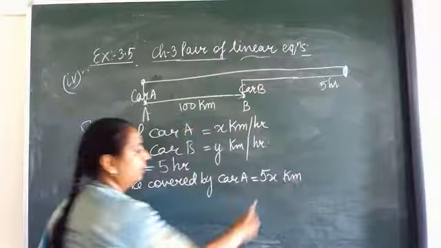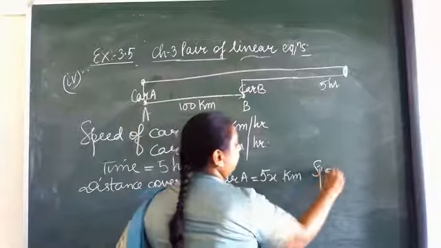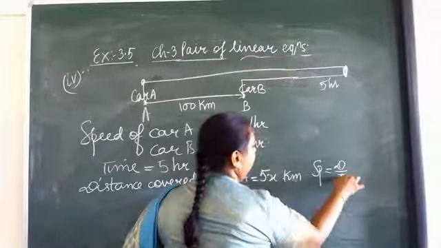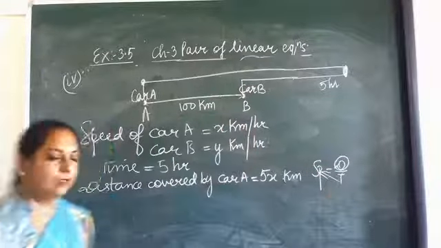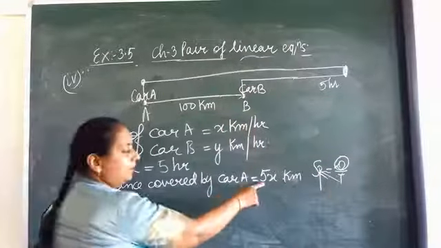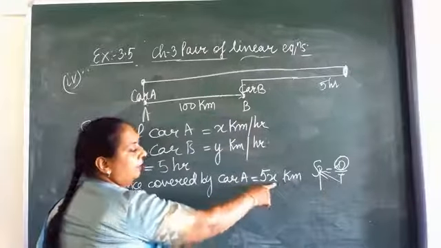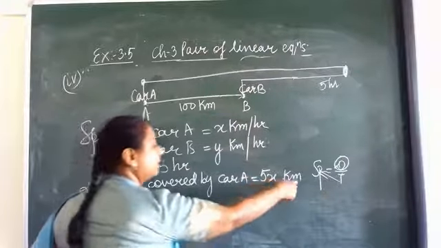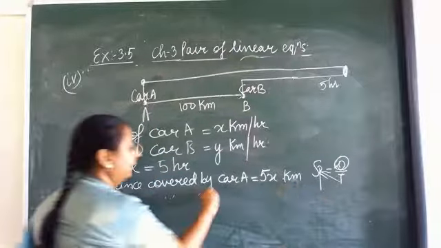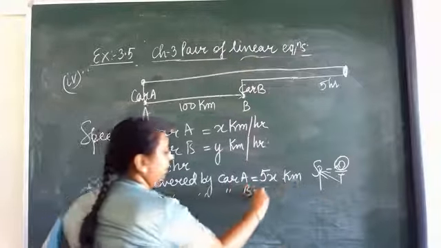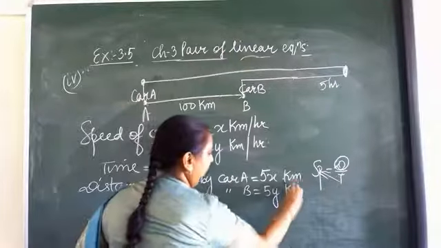Why? Because speed is equal to distance upon time, and we have to find distance, so speed into time. 5 is time and x is speed, so 5 into x becomes distance, 5x. Similarly, the distance covered by car B is 5y kilometers.